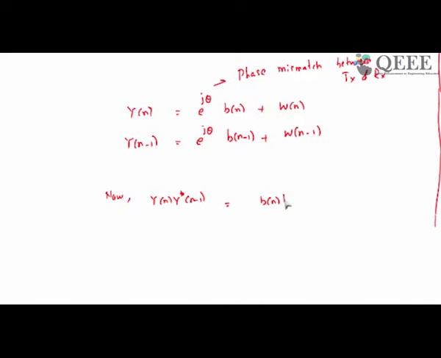So this will be b of n times b of n minus 1 plus w tilde of n, because you are multiplying w of n with e power j theta b of n minus 1, plus w tilde of n minus 1, plus some product w of n times w of n minus 1, with e power minus j theta.